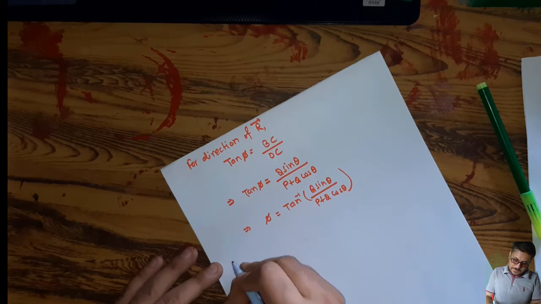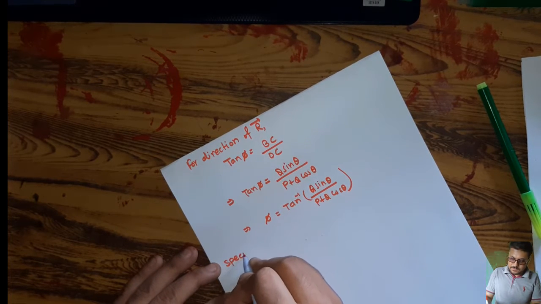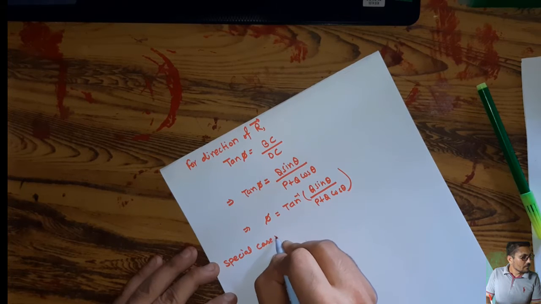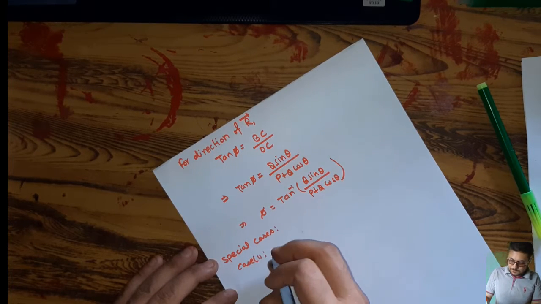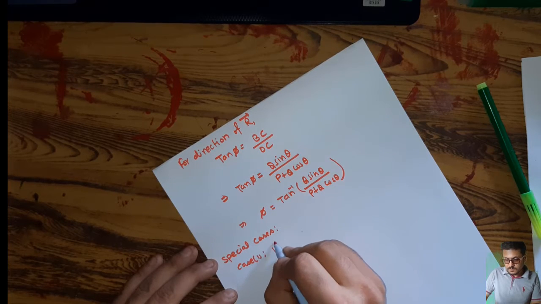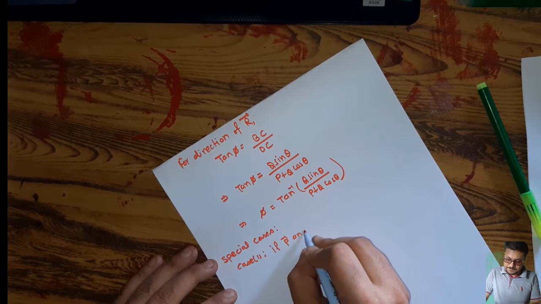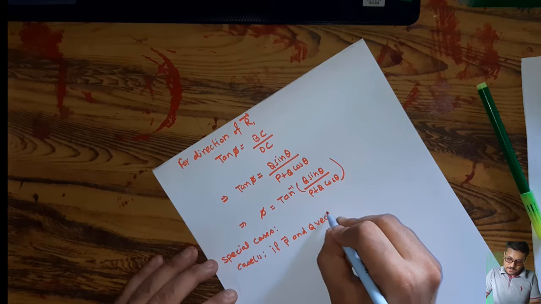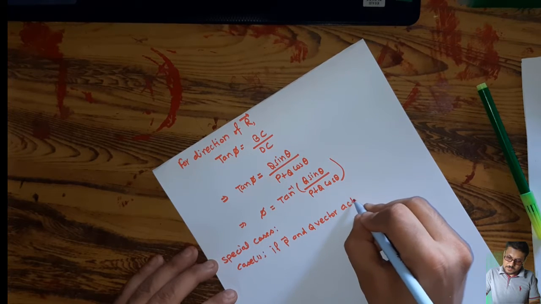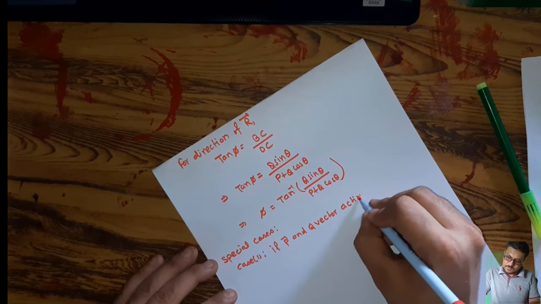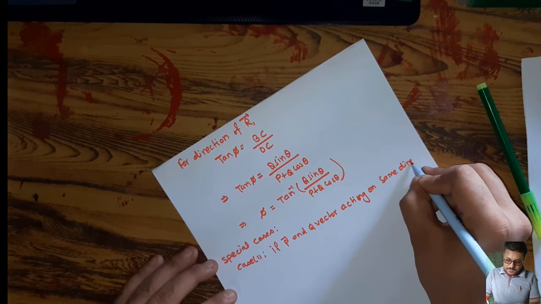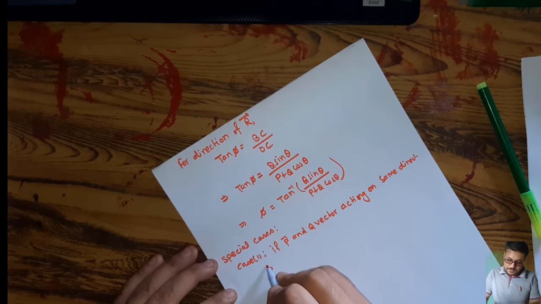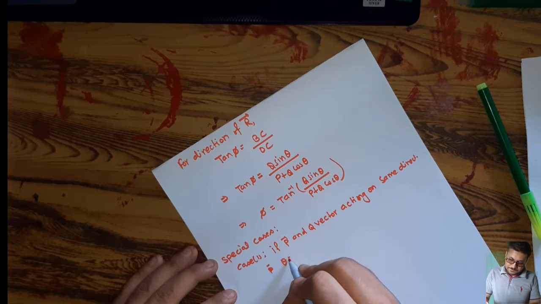Now special cases for these. Case 1: if P vector and Q vector are acting in the same direction, then this theta is equal to what? 0 degree.